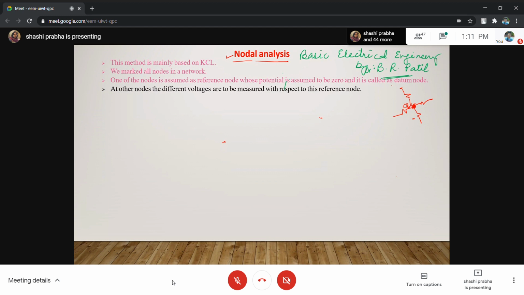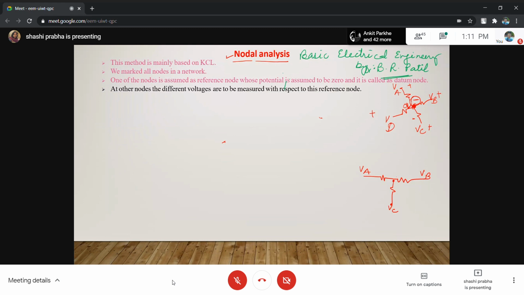So if I say this voltage is VA, this voltage is VB, this voltage is VC, this voltage is VD. This 0 volt is always taken with the negative sign. Remember, 0 volt is the negative sign. So other voltages are all positive. So if I say this is my reference, this is VA, this is VB and this is VC.